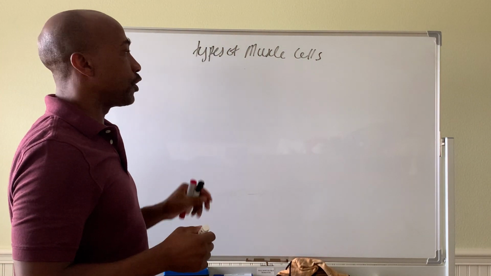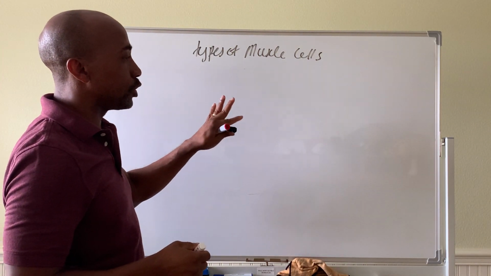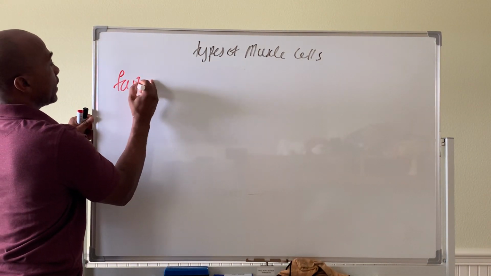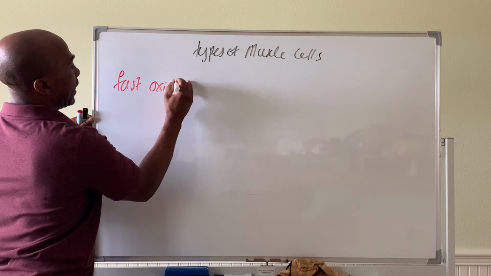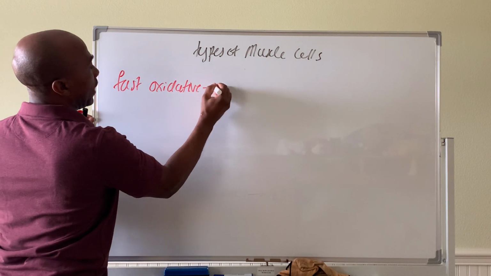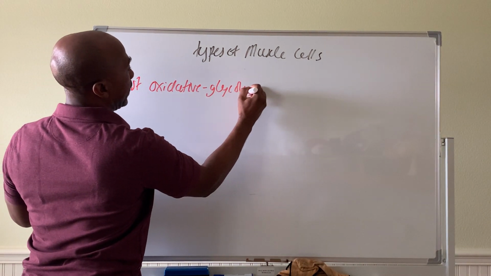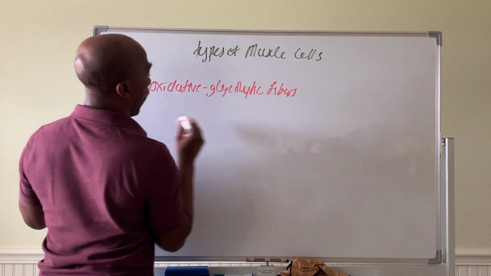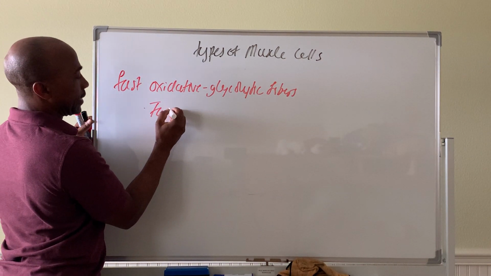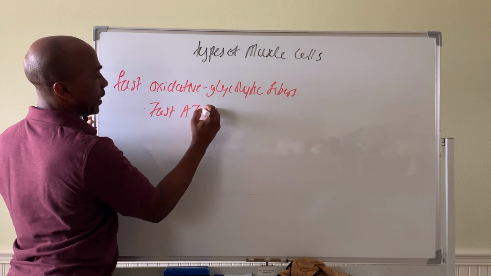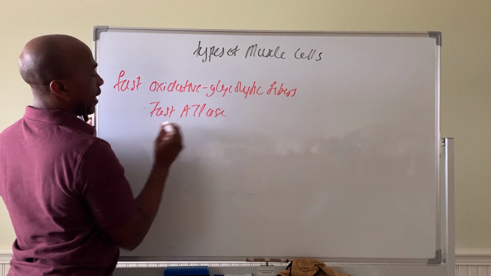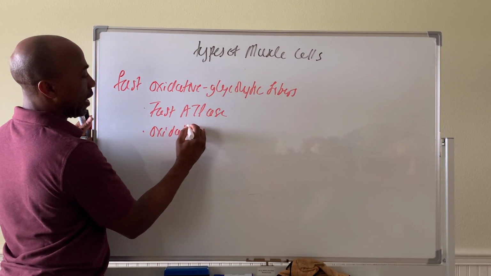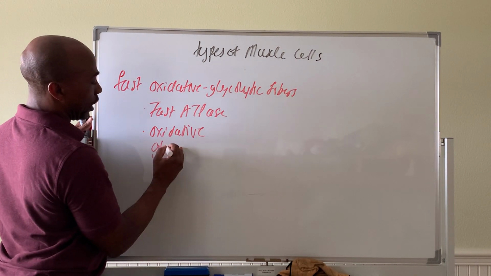You may convert some of your type 2B fibers into type 2A fibers, which are called your fast oxidative glycolytic fibers, where they have fast ATPase, and they combine both oxidative and glycolytic pathways.